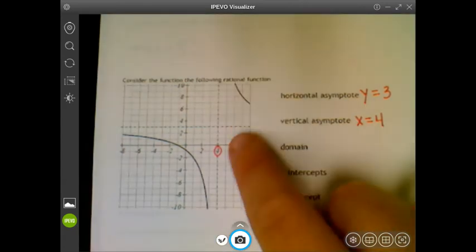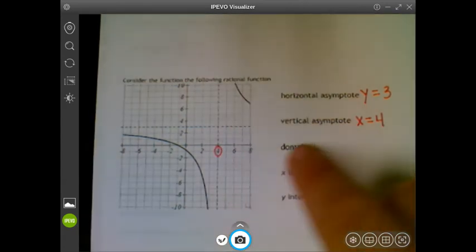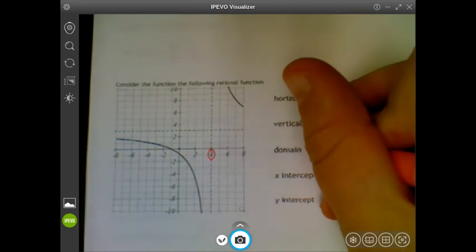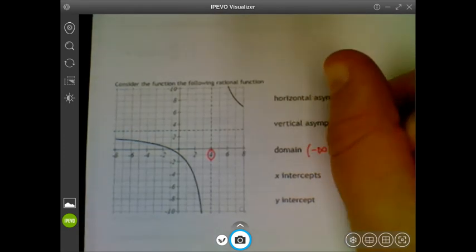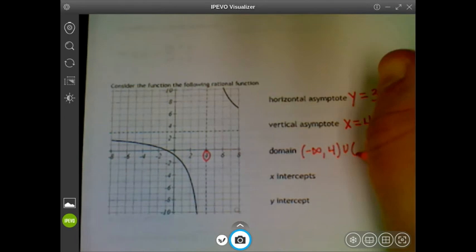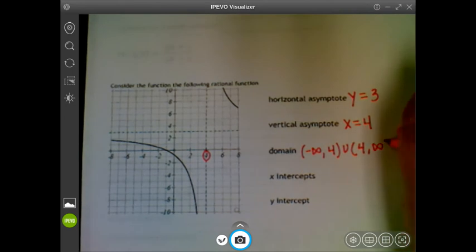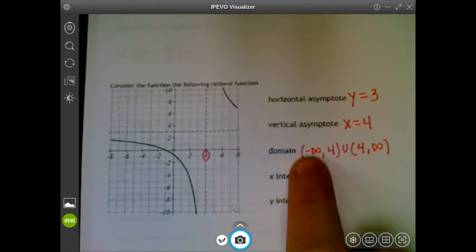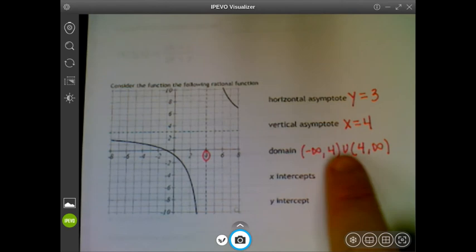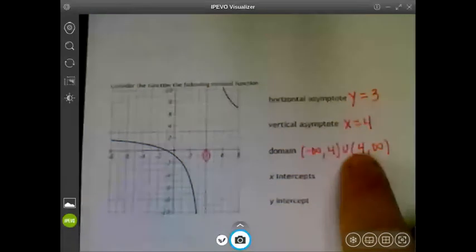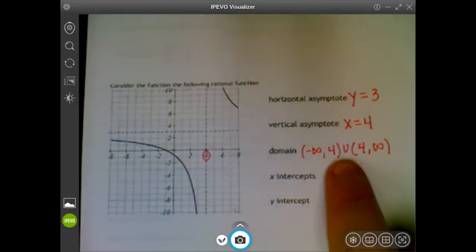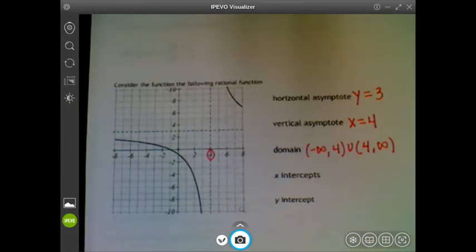And then after 4, because this graph is going up this way, it's literally everything after 4, and it continues on forever. So if we're going to say anything but 4, you would say negative infinity to 4, union 4 to infinity. This reads everything negative infinity to infinity with the exception of 4. 4 is excluded here by doing this process in the middle.